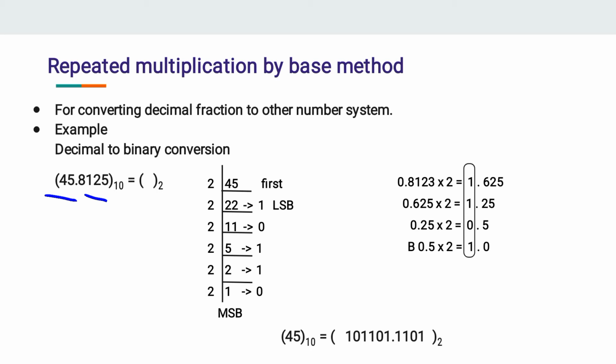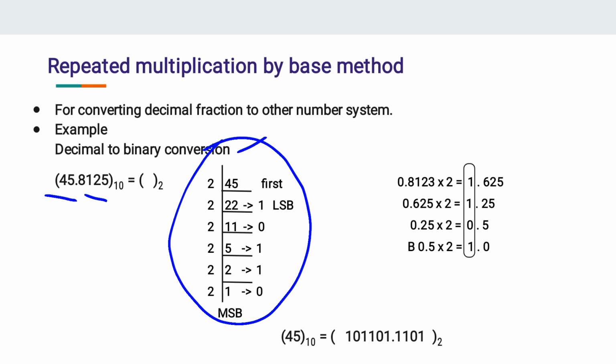So here we are going to multiply it by the base. Clear? The first one is decimal to binary conversion. This is already done in the previous slide, so I move to the fraction part, that is this part. I take 0.8125.